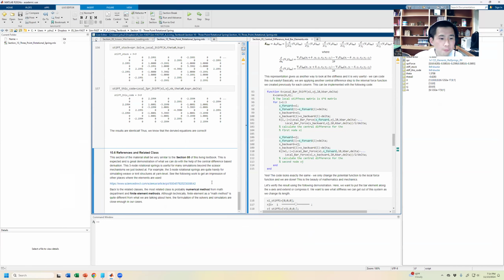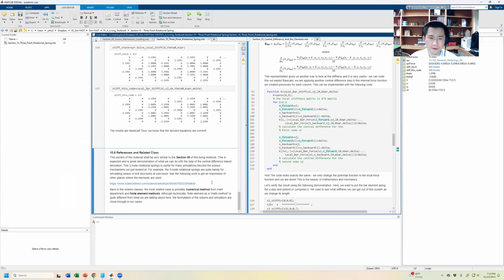And when it comes to the related classes, I think the most related class is still probably numerical methods and finite element methods. So numerical methods, maybe from the math department, some of the undergraduate math department, you definitely cover central difference. And finite element class will give you an idea of how different elements are put together.